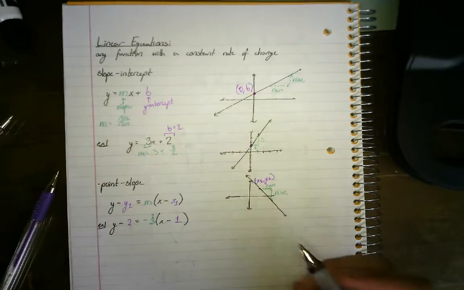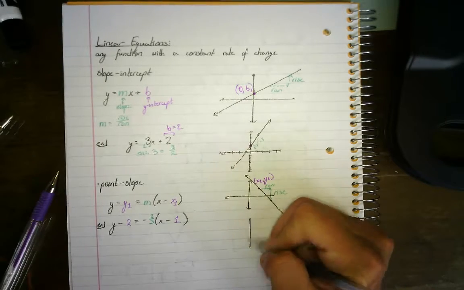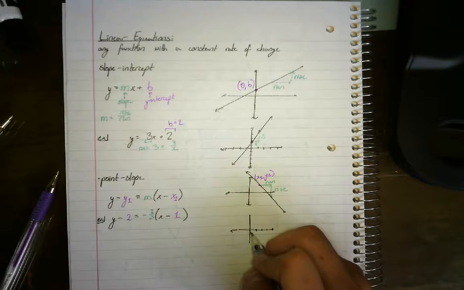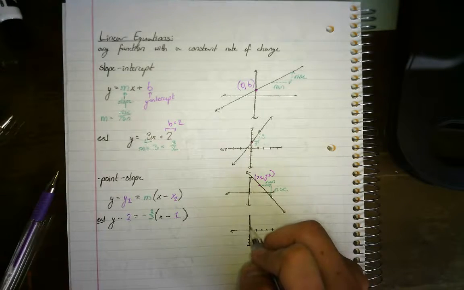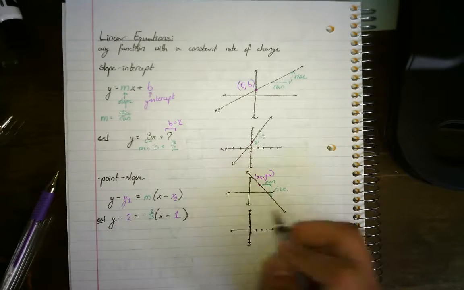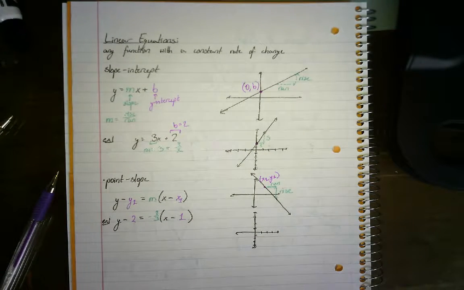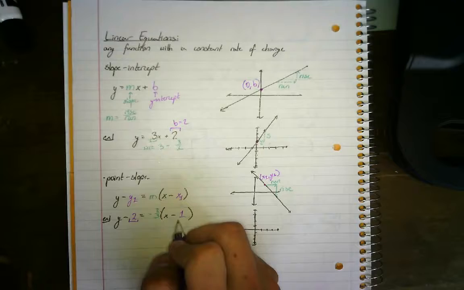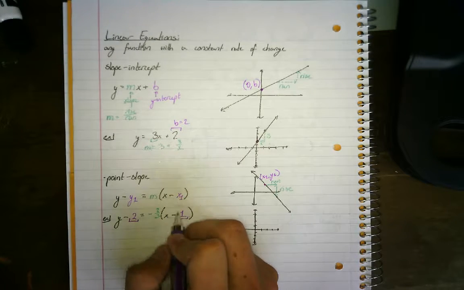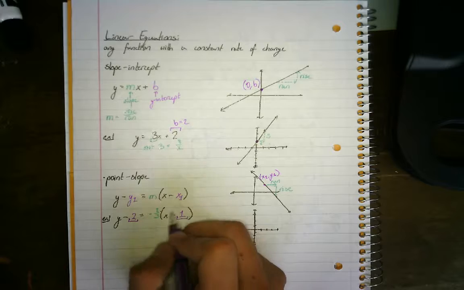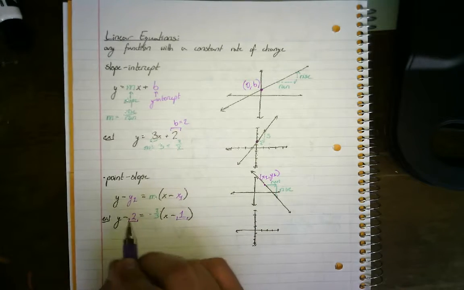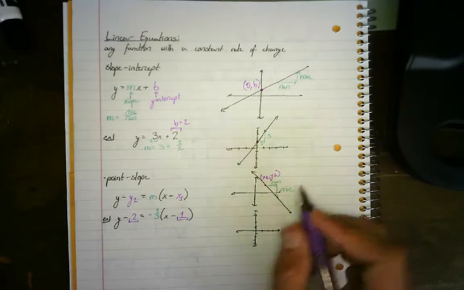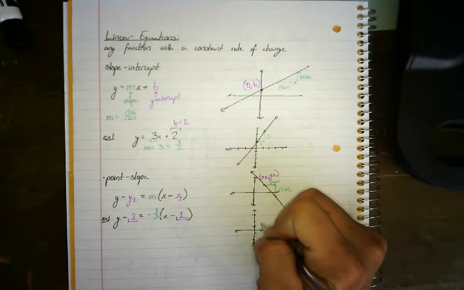So for this specific case, we know that our y coordinate is 2, our x coordinate is 1. Remember, it's separate from the negative sign. So if we have x plus 1, then we would have a negative 1 as our x value. Same with the 2. If it was plus 2, then we would pull out a negative 2 for our y value. So we start off at over 1 up 2.